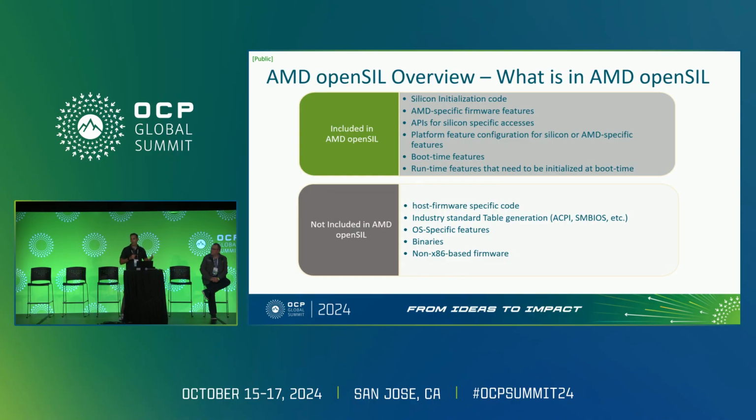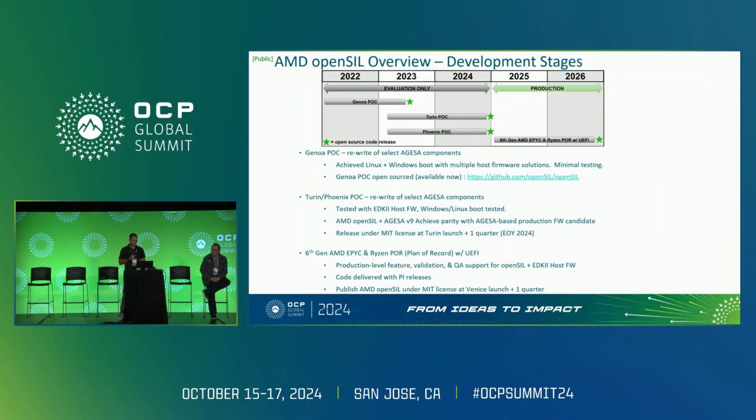though the data for that is available for a host firmware to access, and no binaries exist in this part of the code, and no non-x86 based firmware exists there. OS specific features we want to be handled by the OS. And here's kind of a map of the development timeline of it.